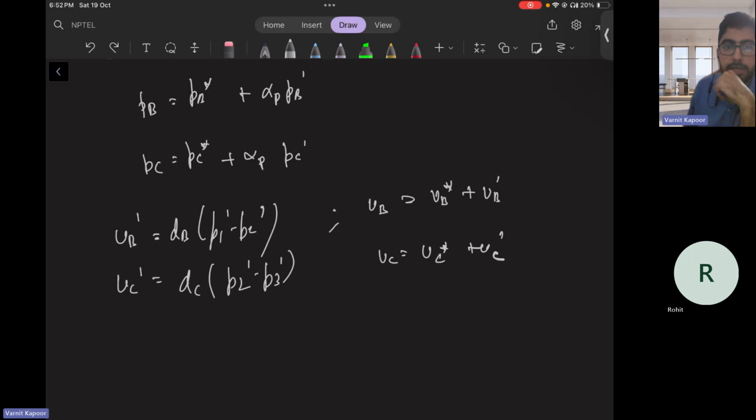One more thing still remaining is that you need to update the boundary pressure. We have calculated the pressure correction on the faces, but we need to update the pressure on the boundaries. How do you update the pressure on the boundaries? Again, from the momentum equation, if you remember, we had U1 equal to U1 hat plus D1 times P1 minus PB.